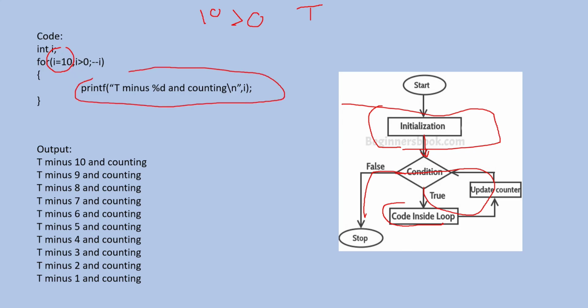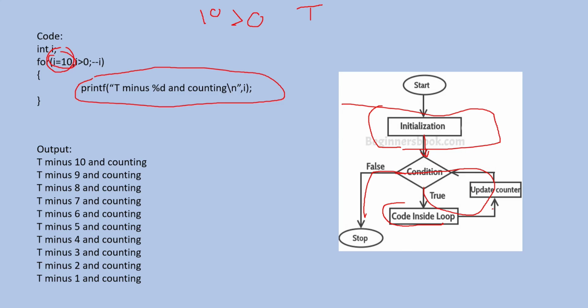We're going to print out t minus %d, which is I. The reason we use %d is because I is going to be changing. That number is not going to stay a single number, and that's why it's important to have the right number that you want as I. Or you can have a different number inside, but it has to be declared inside the for loop.